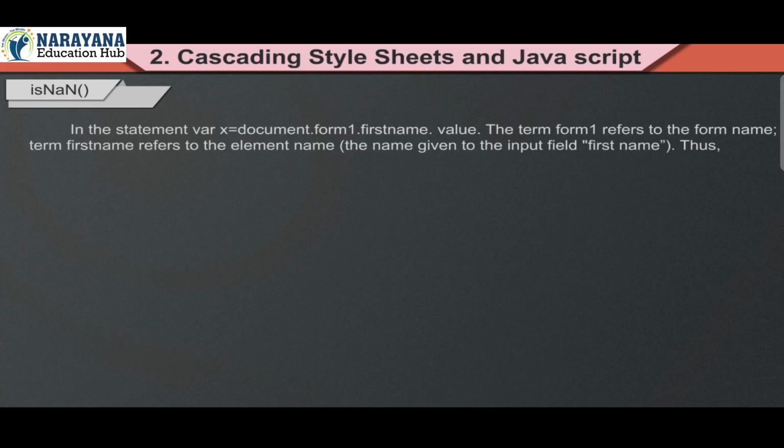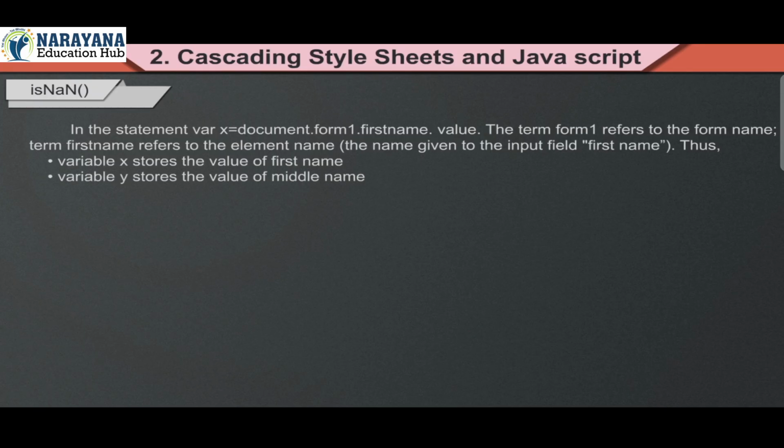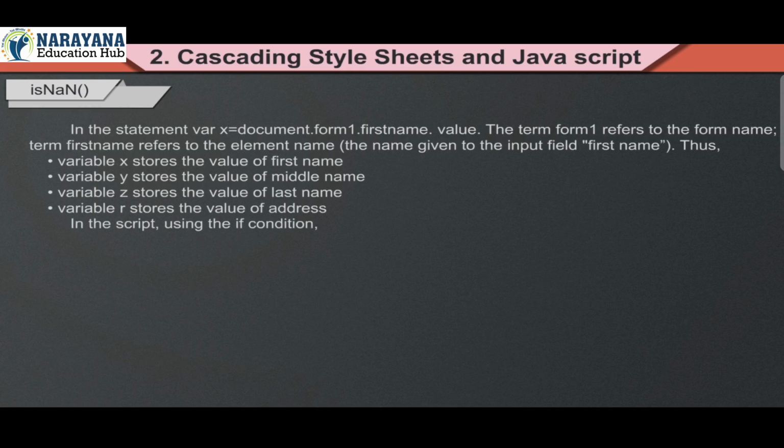The term firstname refers to the element name, that is, the name given to the input field first name. Thus, variable x stores the value of first name. Variable y stores the value of middle name. Variable z stores the value of last name. Variable r stores the value of address.